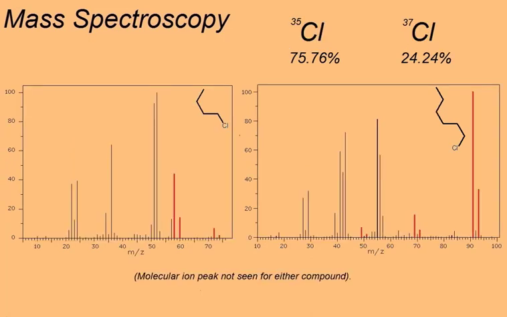Chlorine is another one that's detected easily by mass spectroscopy. Two isotopes again, one with a mass of 35 and one with a mass of 37. Their relative abundance is 75 to 25% roughly. And so the molecular ion peak is split by 2 units with a 3:1 ratio.